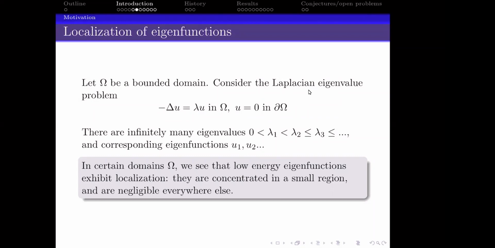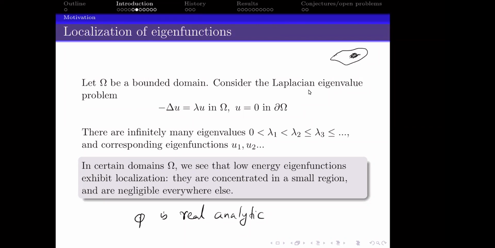Remember that if phi is an eigenfunction, one can show that phi is real analytic. So it's not that the eigenfunction is supported on some compact subset and zero everywhere else. That cannot happen because phi is real analytic. What we mean is that most of it is in a small region, and everywhere else it's negligible.